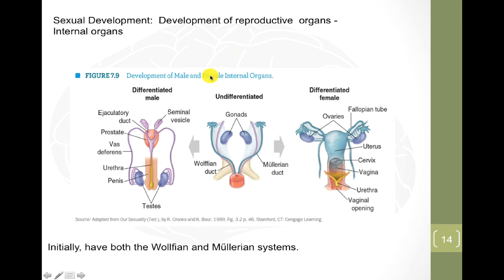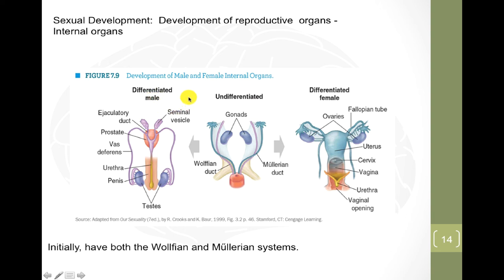We can see here in the middle that in the undifferentiated stage of development, those first 2 months, there are two parallel systems in place: a Mullerian duct system that will support female reproductive organs and a Wolffian duct system that will support male reproductive organs.